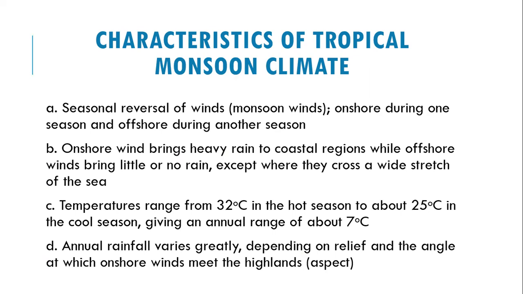Another characteristic is that the temperatures range from 32 degrees in the hot season to about 25 degrees in the cool season, giving an annual range of about 7 degrees. The other one is that the annual rainfall varies greatly depending on the relief and the angle at which the onshore winds meet the highlands.